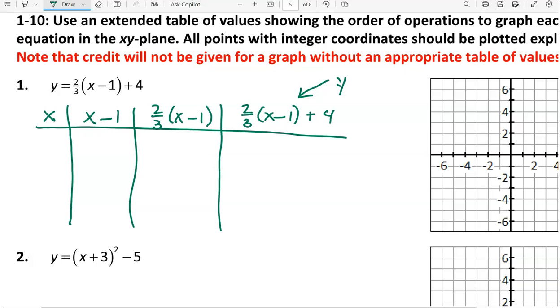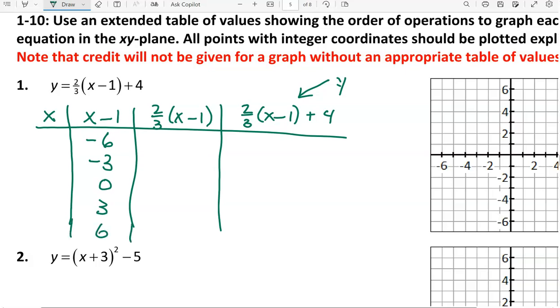So what I need to keep in mind is that I'm going to multiply some of these values by a fraction, 2/3. And when multiplying by 2/3, it's easiest if we keep the numbers that we're multiplying by 2/3 multiples of 3. So I'm going to pick -6, -3, 0, 3, and 6.